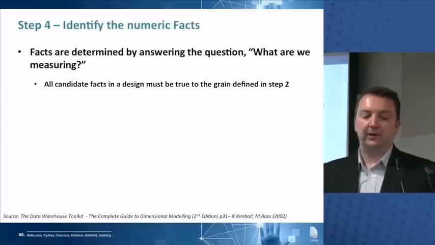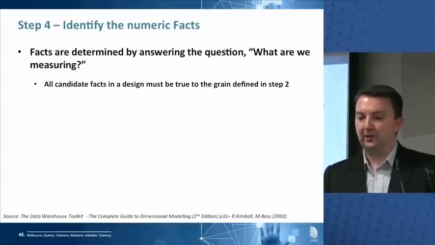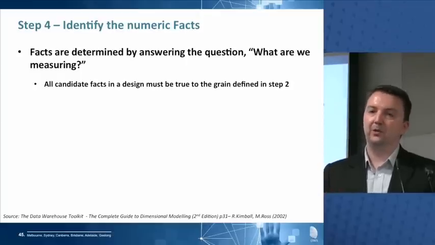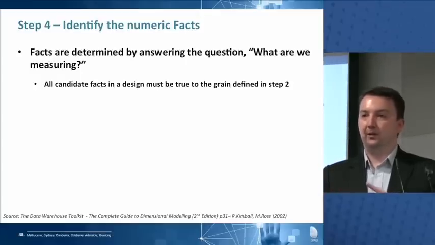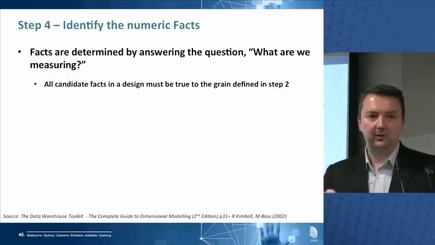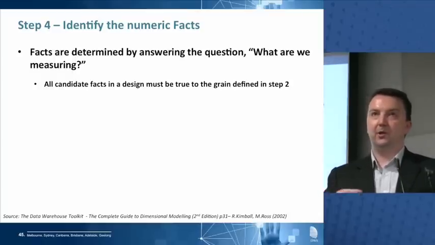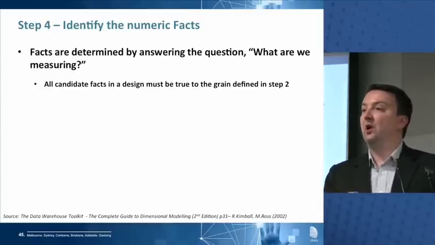And then we identify the numeric facts. On our cash register example, two really obvious ones are the price charged and the number of items sold if they were grouped on the line. So you might have 2 items costing $2.20, but then you might also have an individual item cost.